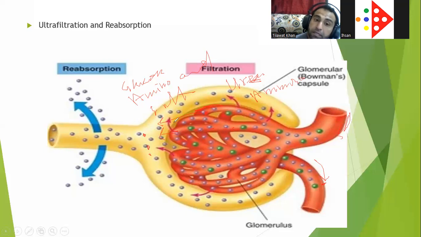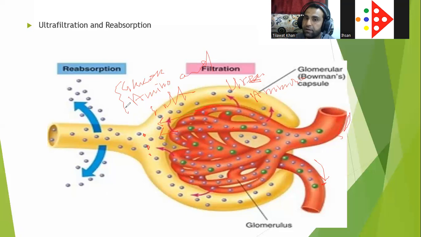Now, the urea and ammonia will be removed in the form of urine from your body, while the glucose and amino acid will be taken back by your body. That is called selective absorption, by using energy with the help of active transport.